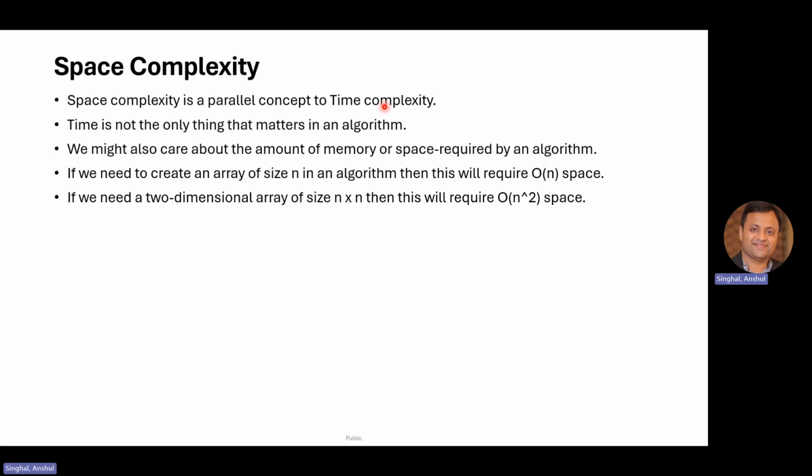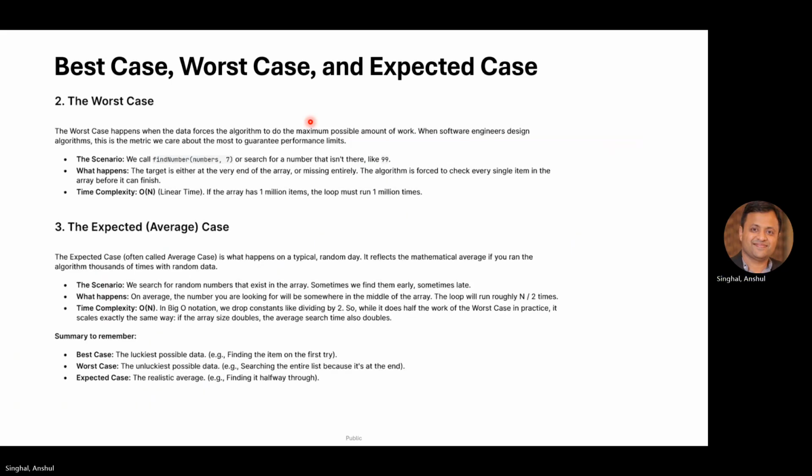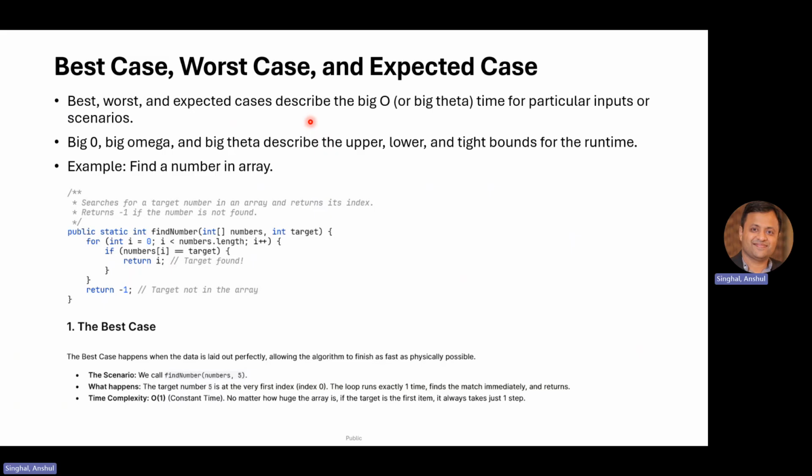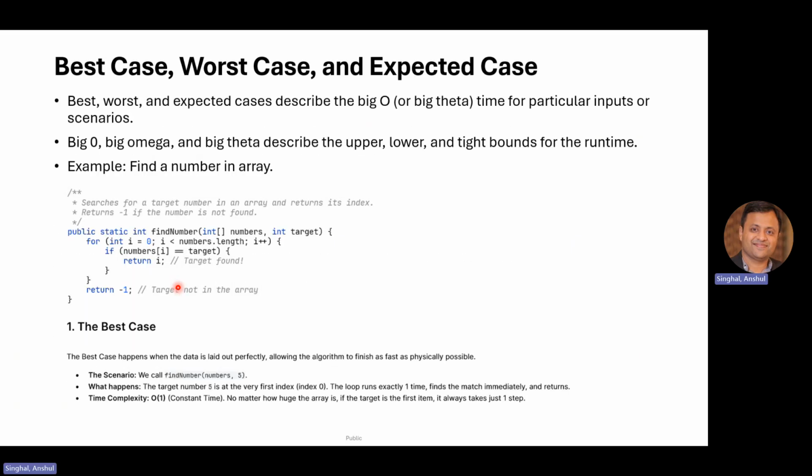For example, if I take a Java function like this one, one part is how this function will perform based on the size of the input, that is, how much time it is going to take. The second part is how much memory it can take. That is what space complexity is all about.